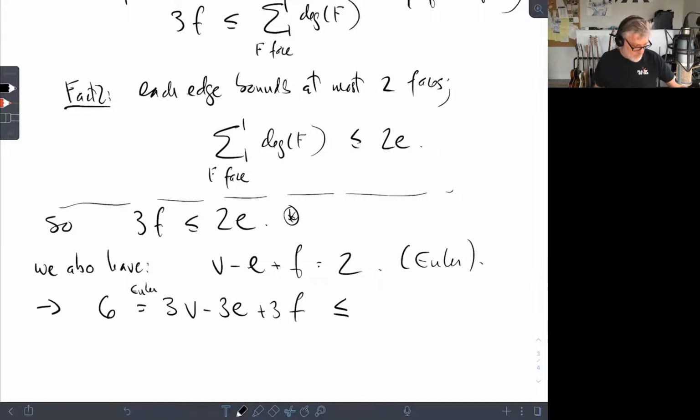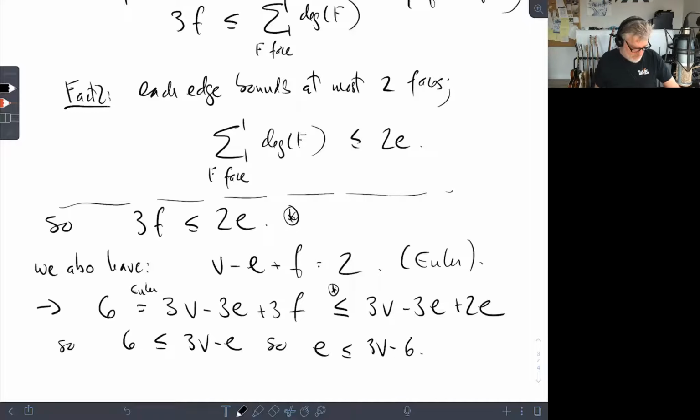So I'm going to replace 3f by 2e, so I get something bigger. So I've got that 6 is less or equal to 3v minus 3e plus 2e, and basically we're done. So 6 less or equal to 3v minus e. So e is less or equal to 3v minus 6.